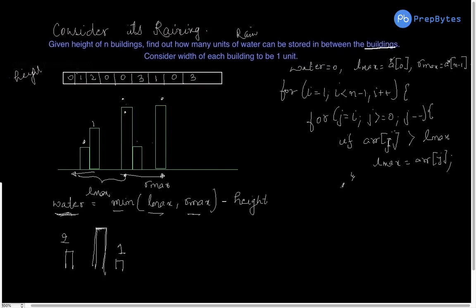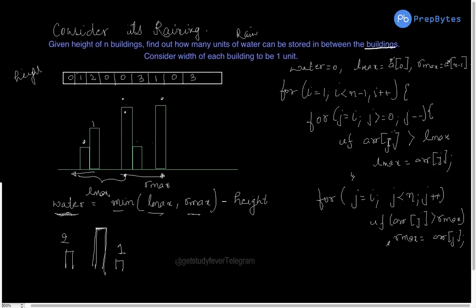Similarly, finding the right max: for j equal to i, j less than n, j plus plus, if a of j is greater than R max, we update our R max to a of j.